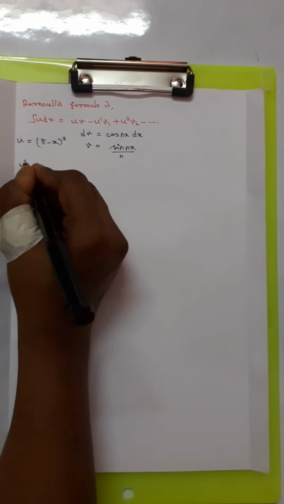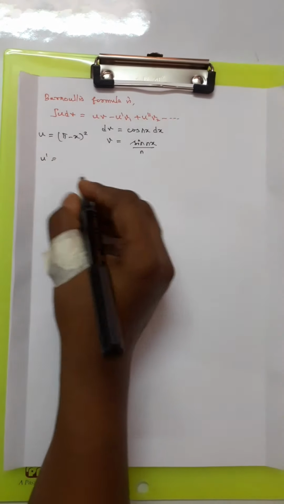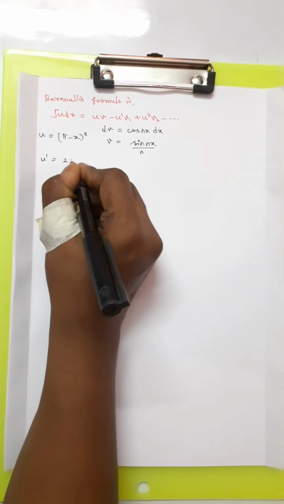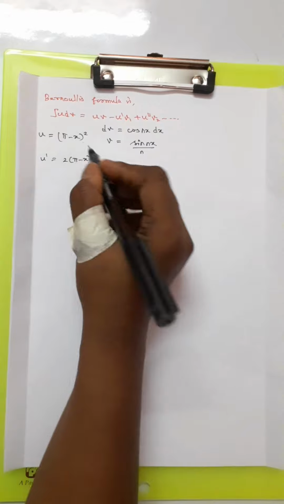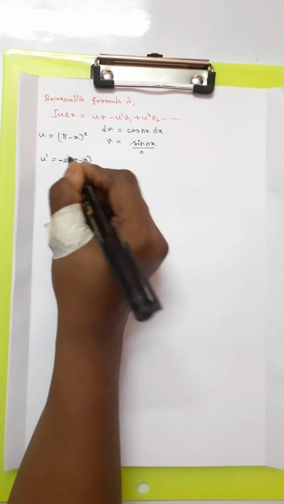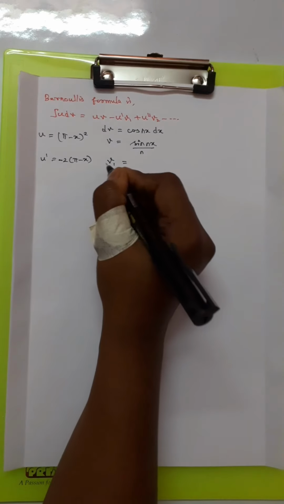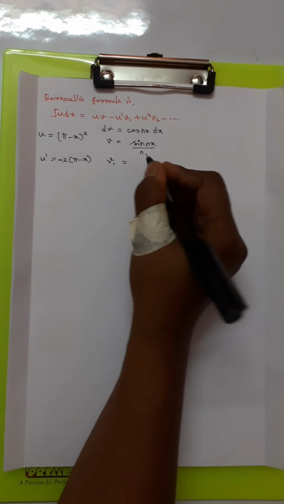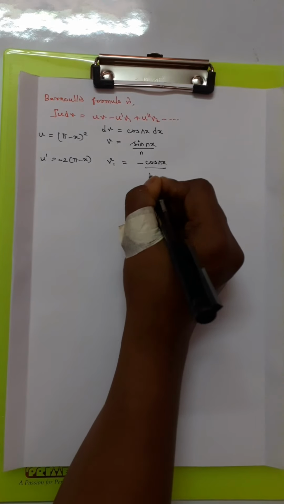So u dash is 2 into pi minus x, and the coefficient of x, minus 1, comes here in the product. Then v1 is integration of sin, which is minus cos, so minus cos nx by n square.